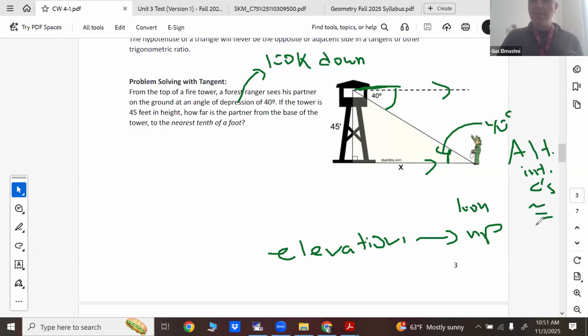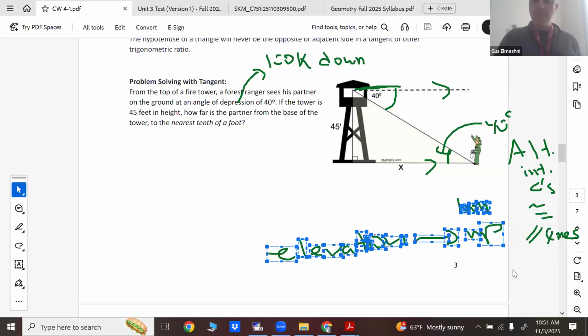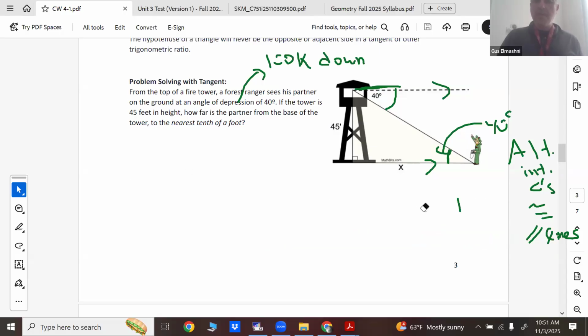They are congruent. Cool, go ahead. Like the angle from the watchtower to the ground, that's 50. Yes, correct. This would be 50, by the way, right?